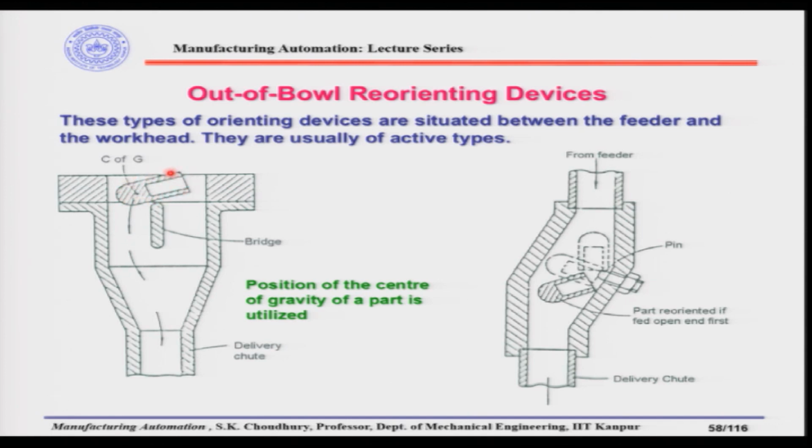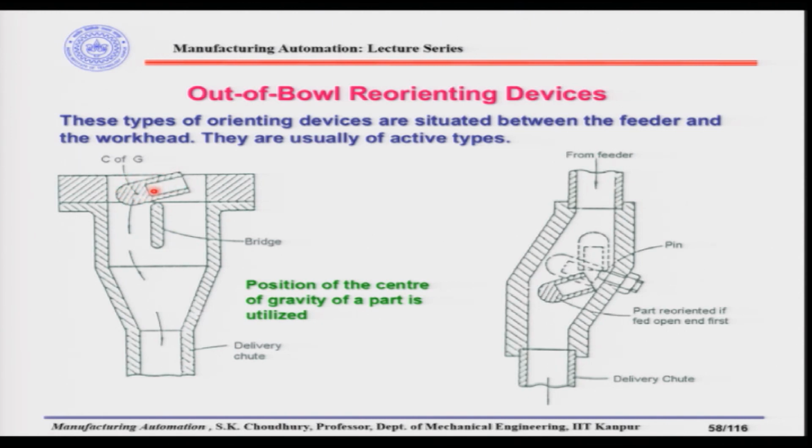So, the parts are such that the center of gravity will be here, and if the parts are coming either with this orientation or with this orientation, they will hit the bridge here, which is located in the delivery chute. After hitting the bridge, since the center of gravity is below, the heavier side will be down.